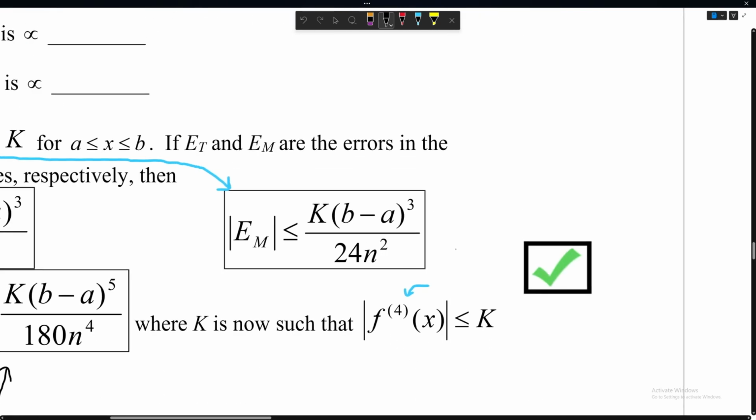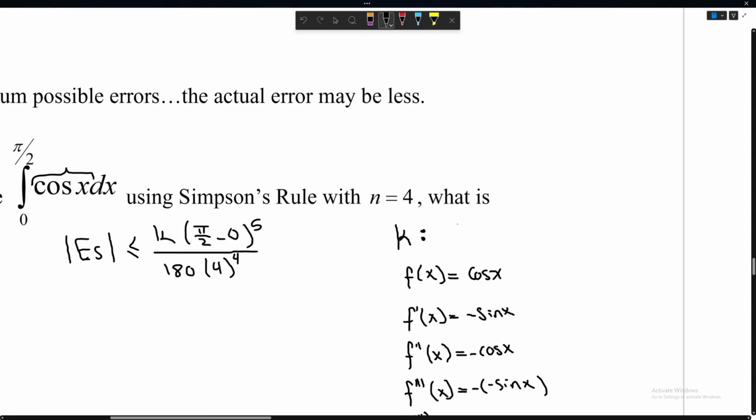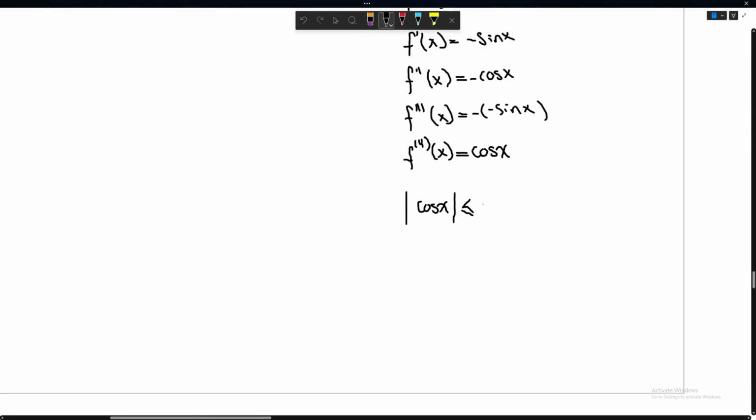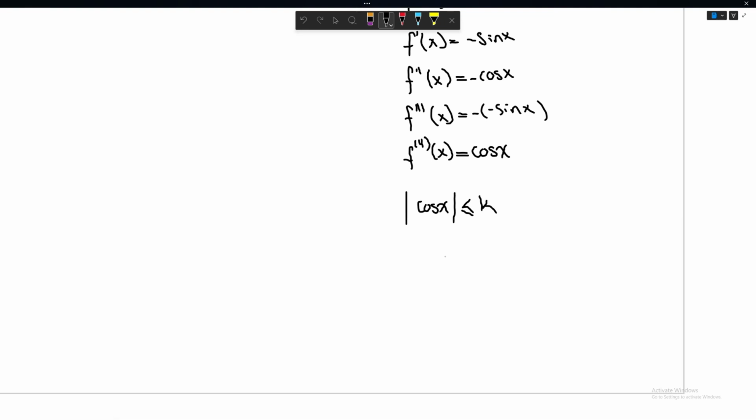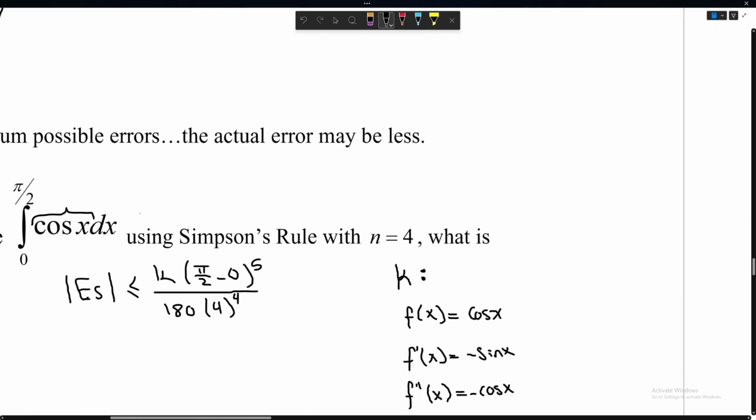And if I plug it into the equation up here, what I get is the absolute value of cos x is less than or equal to k. All right, and now, okay, well, I get this. How can I actually get my k value? And so you want to sub in your bounds. And you see my bounds right here are 0 and pi over 2.